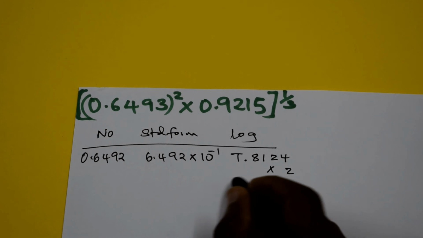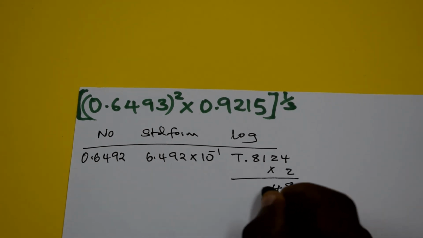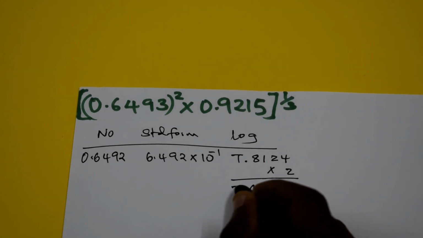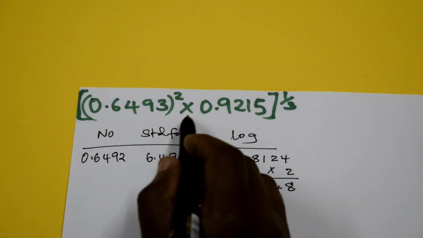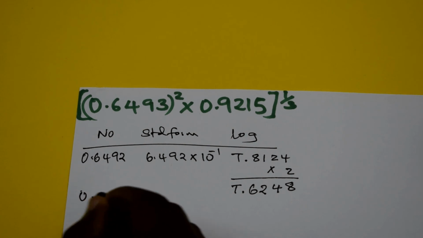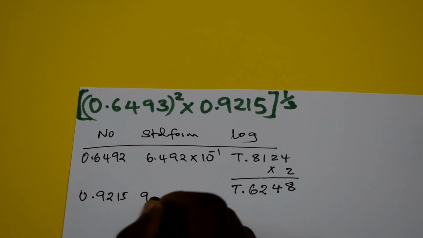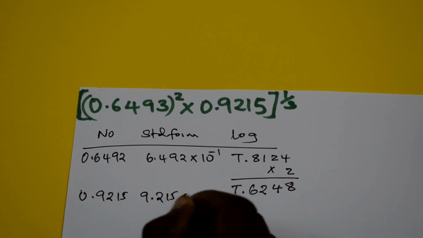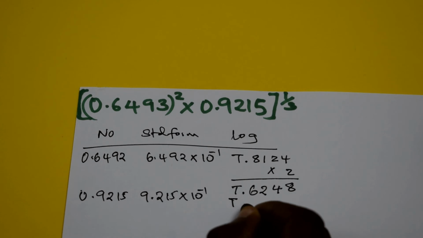So when we multiply by 2, we are getting 8, 4, 2, 6, and then bar 1 point. Then we shall add to this one too, because this is multiplication. 0.9215 is 9.215 times 10 power -1. So add to bar 1 point.